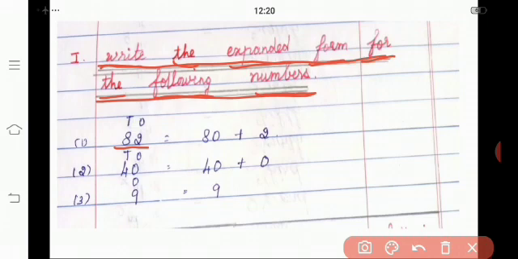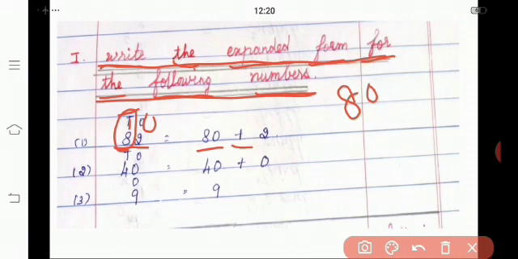We should always start from the ones place. So ones, tens. Now we have to write the value of 8. See children, what is the value of 8? The number 8 is at which place children? Yes, tens place. So we can write 80, then put plus.